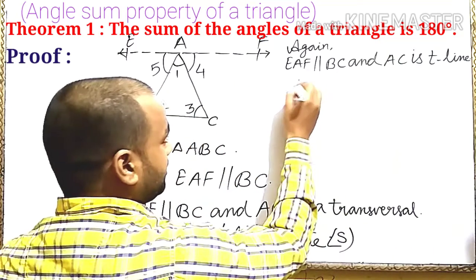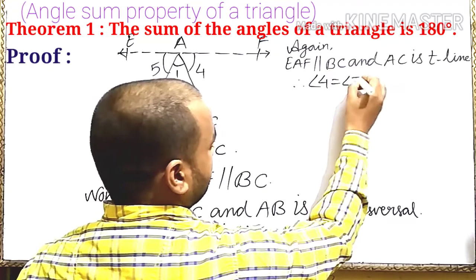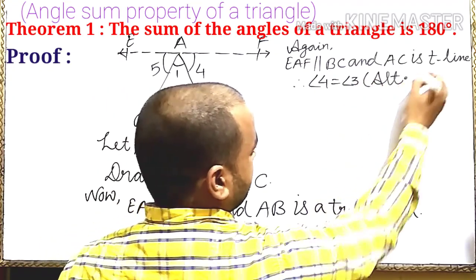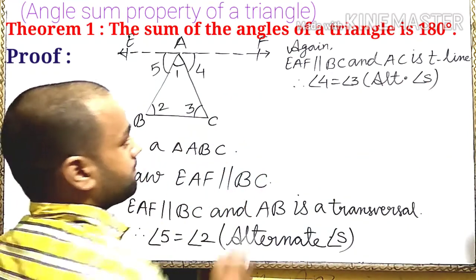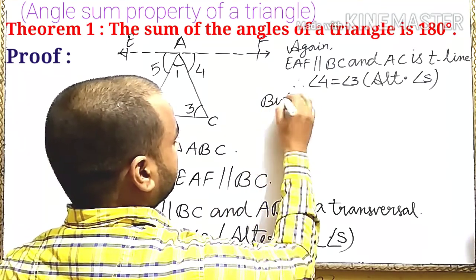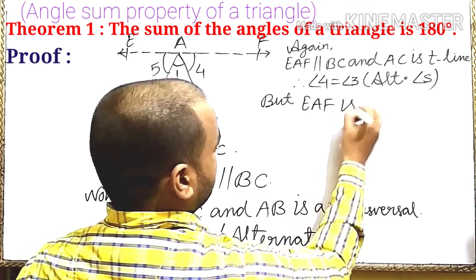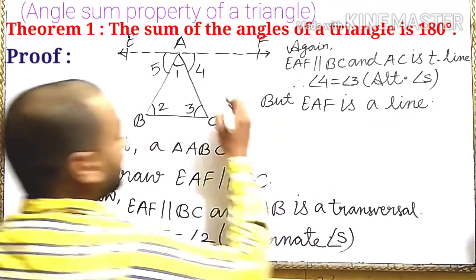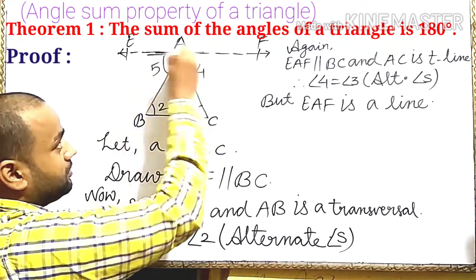So we write angle 4 is equal to angle 3 because these are alternate angles. Is it clear? But EAF is a line. So we write, again repeat, a line EAF.